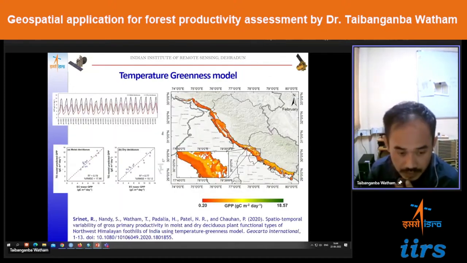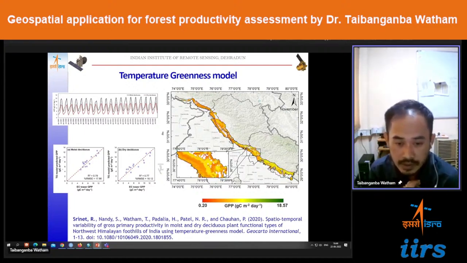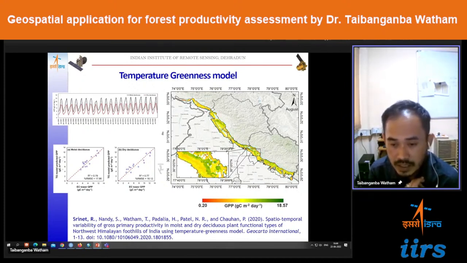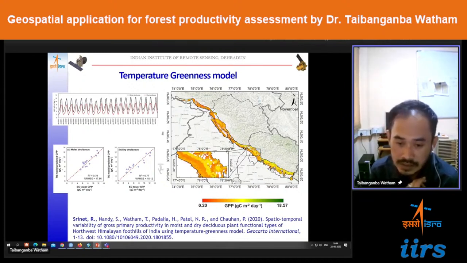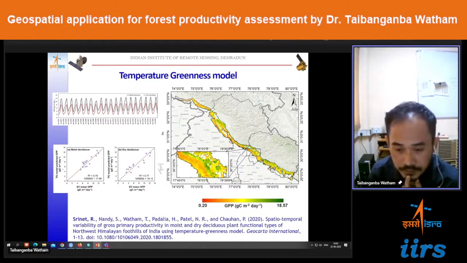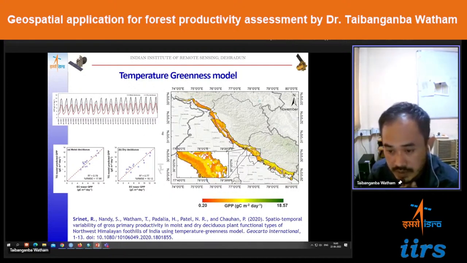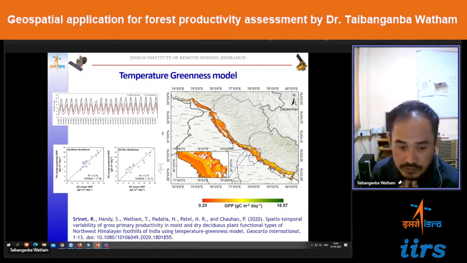Similarly, all the concepts that I have shown before are the same, but the same thing can also be done on a larger scale. You don't need to download all those satellite data that we have done in the previous study. The same thing can be applied in Google Earth Engine, and we have done the GPP estimation for the foothills area in the Himalayan foothills, where we have dry deciduous and moist deciduous forest.